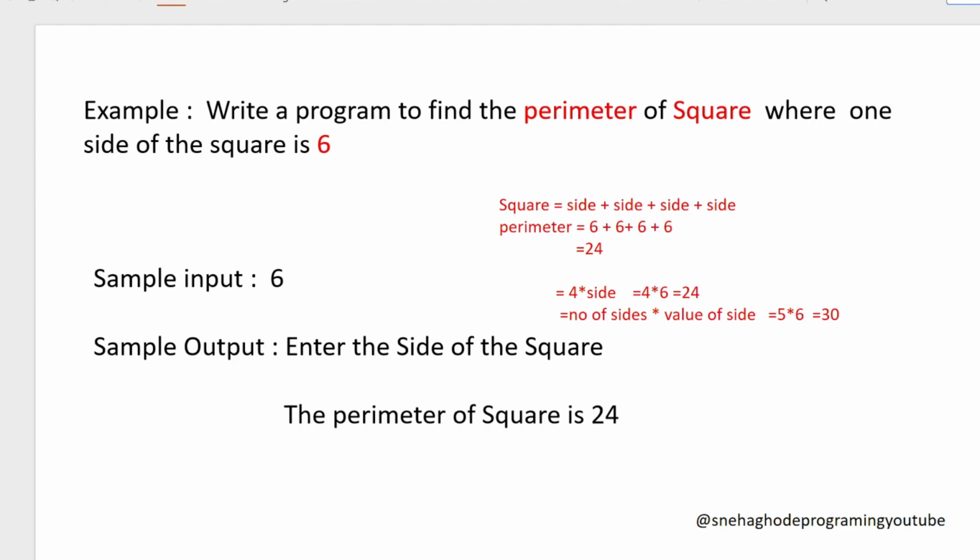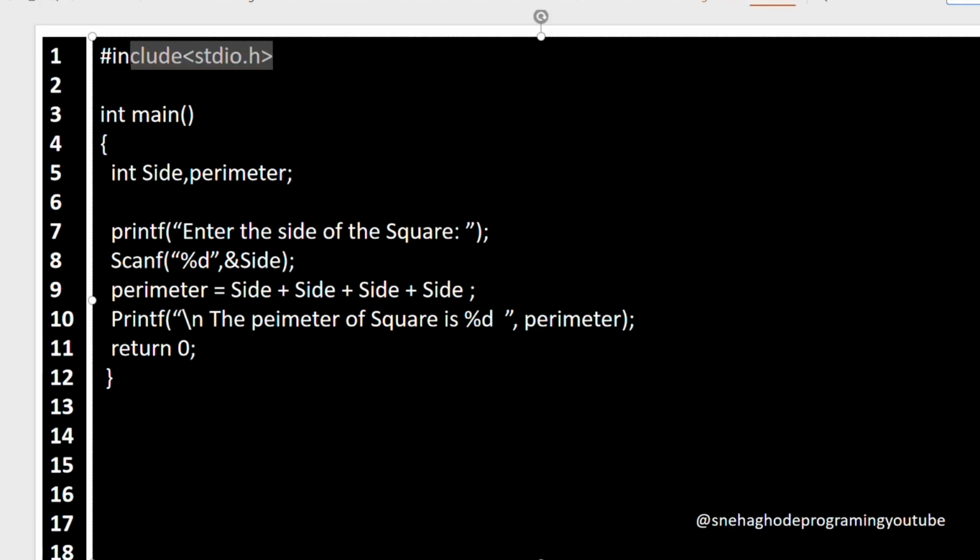Okay, let's start. Every program starts execution from the main function, right? But before that, we always need to include the header file. Here we are dealing with only printf and scanf. That's why we are just including #include <stdio.h>, that is our header file.